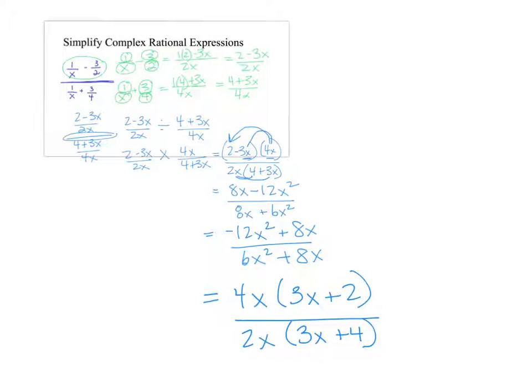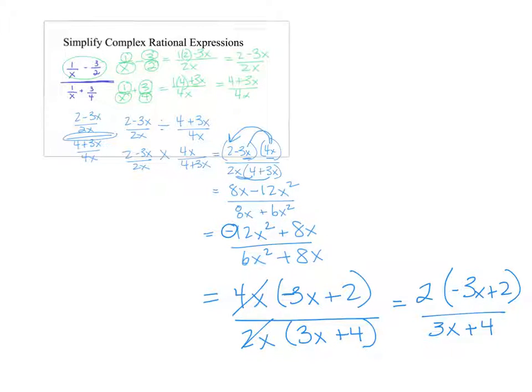And I'm sorry, in my haste, I'm going to put negative 3x here because I have a negative. So 4x times negative 3x is going to give me negative 12x squared. And then looking at this, I can cancel out these. 4x divided by 2x is going to give me just 2 on the top, with negative 3x plus 2 over 3x plus 4.